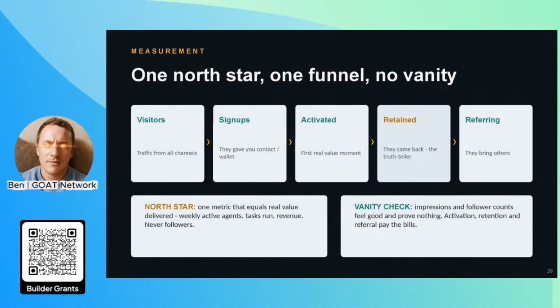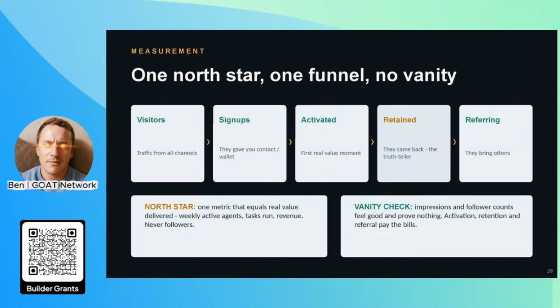Track these things. Don't think that you're successful if you're gaining followers. Follower counts don't tell you whether a product is actually being used or not. It's no indicator of future success.